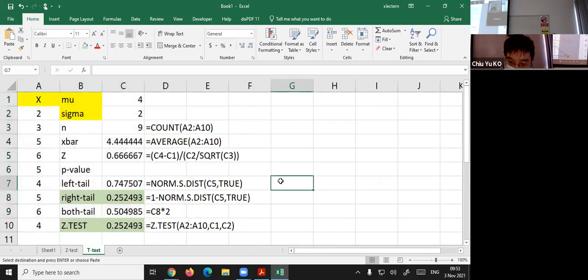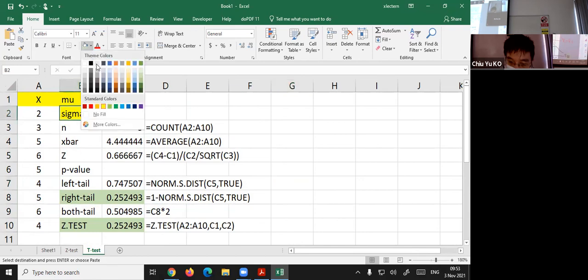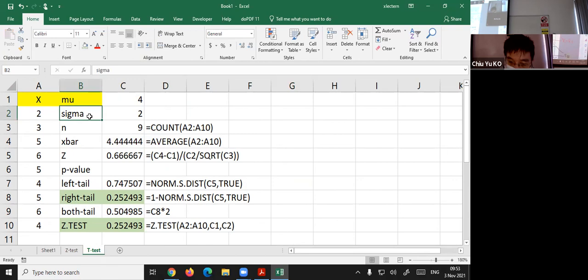So the main difference between the z and the t is we no longer have the sigma, so we no longer have the yellow thing here. That's no fear. We will have s.